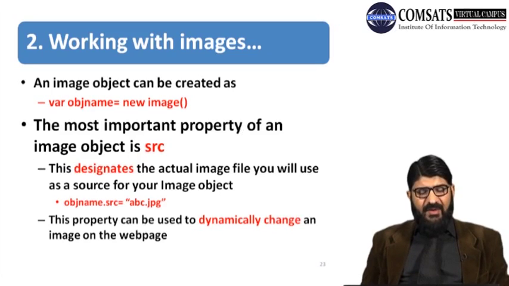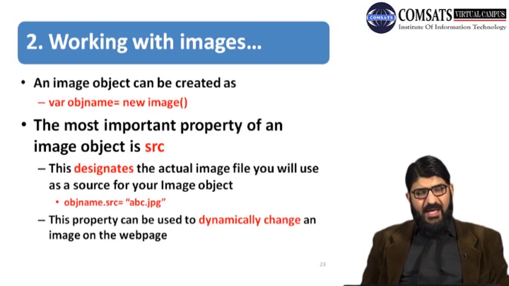The source basically tells where your actual file exists as an image object. So here objectName.src is set to abc.jpg. So abc.jpg is the image which is assigned as the source property.